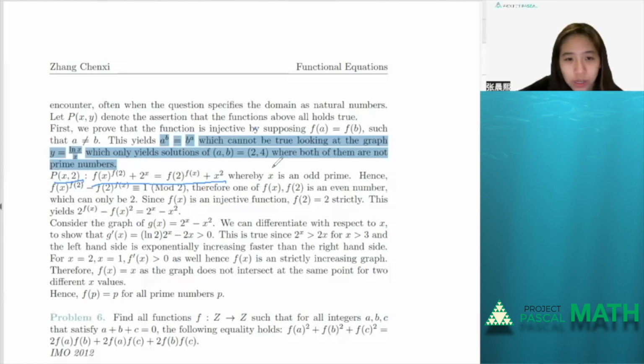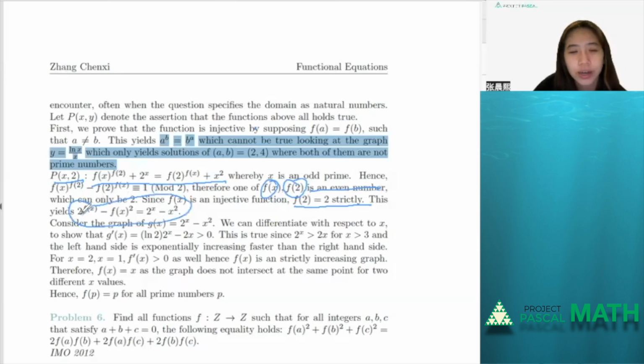So you deduce that one of f(x) and f(2) has to be an even number. And since it's injective, you have f(2) equals 2 strictly, and you obtain this equation over here.